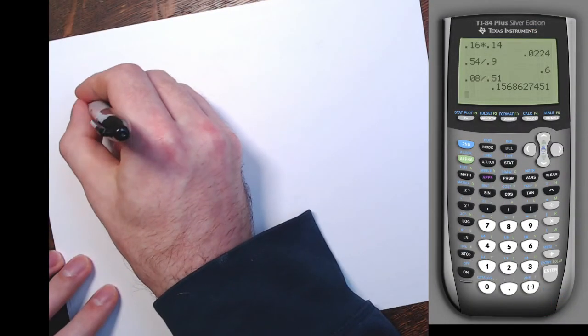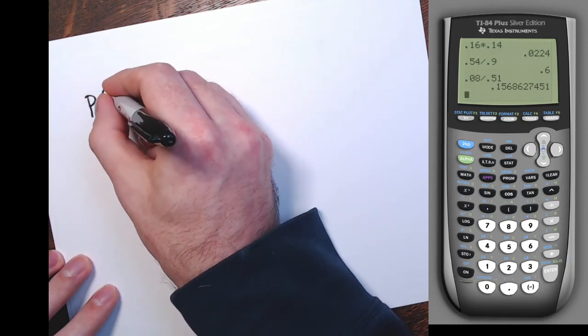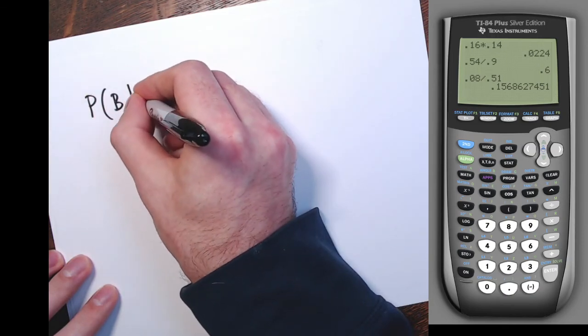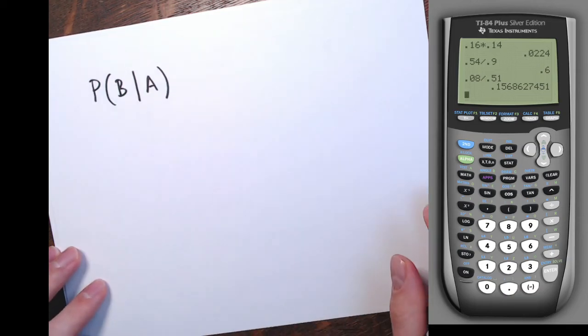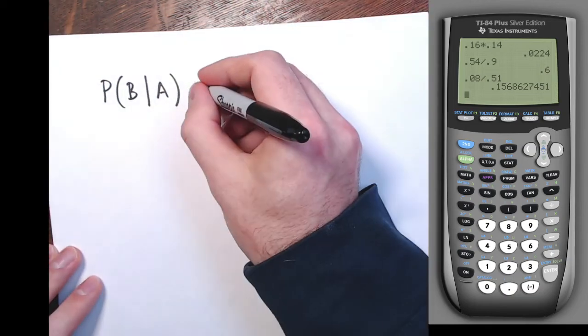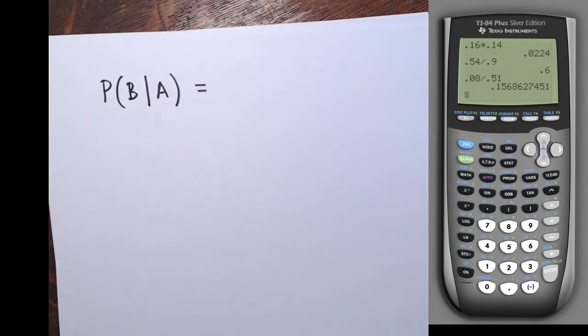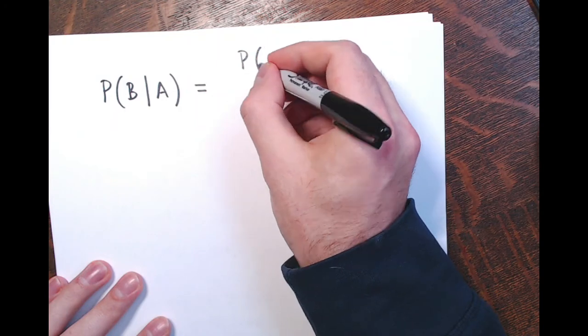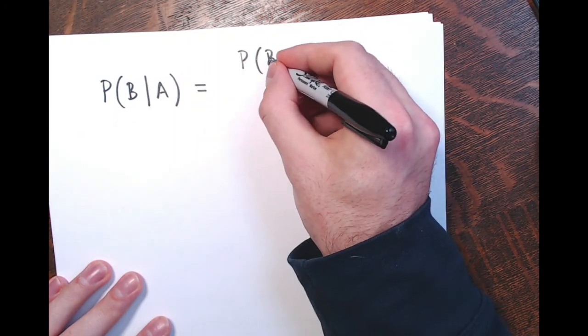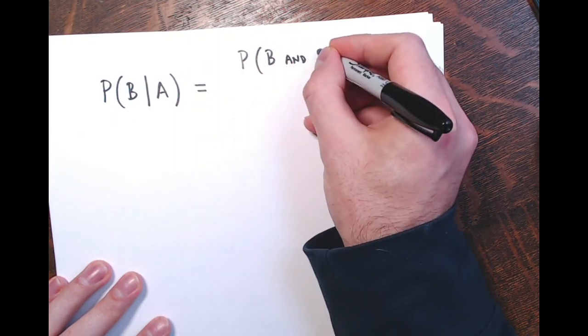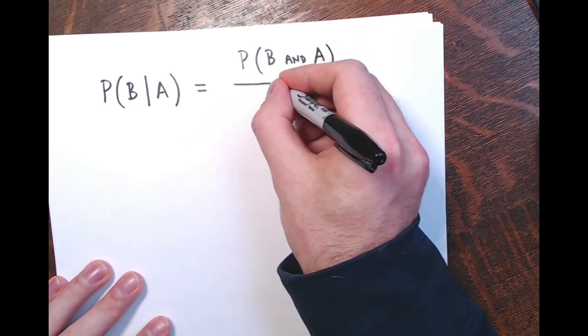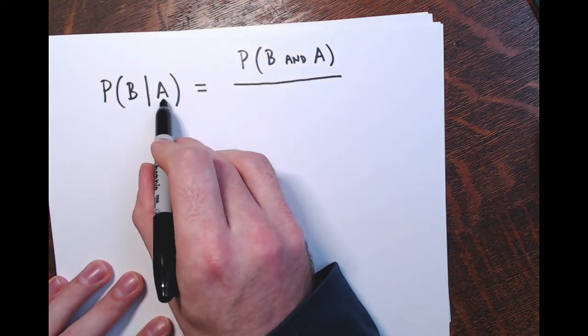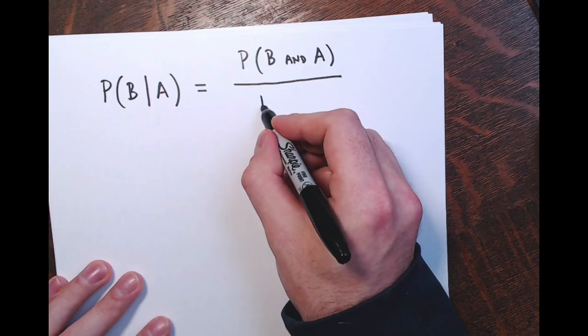We're given the B given A, and according to our little formula earlier, the probability of B given A should be the probability that they both happen at the same time, so B and A or A and B, it doesn't matter, divided by the probability of the event that happened, the probability of A.